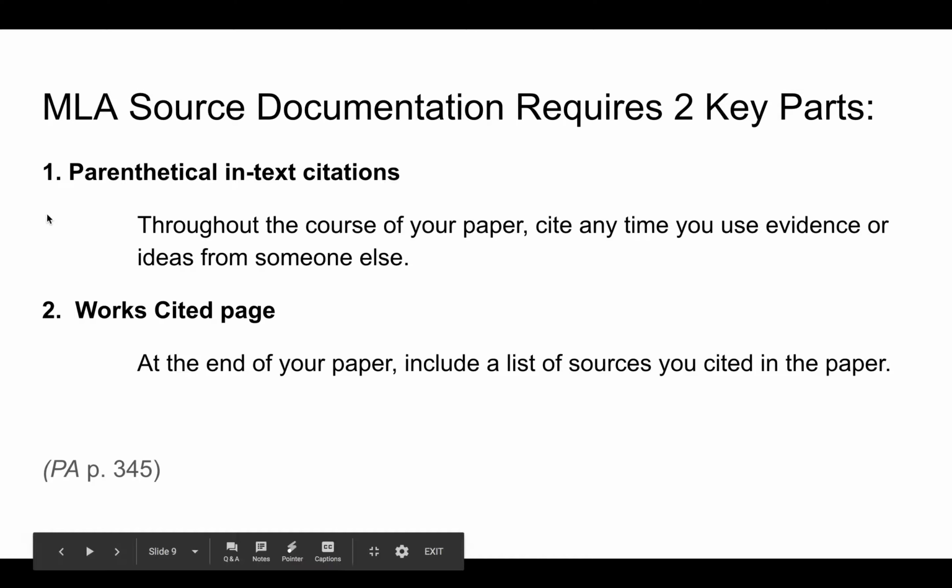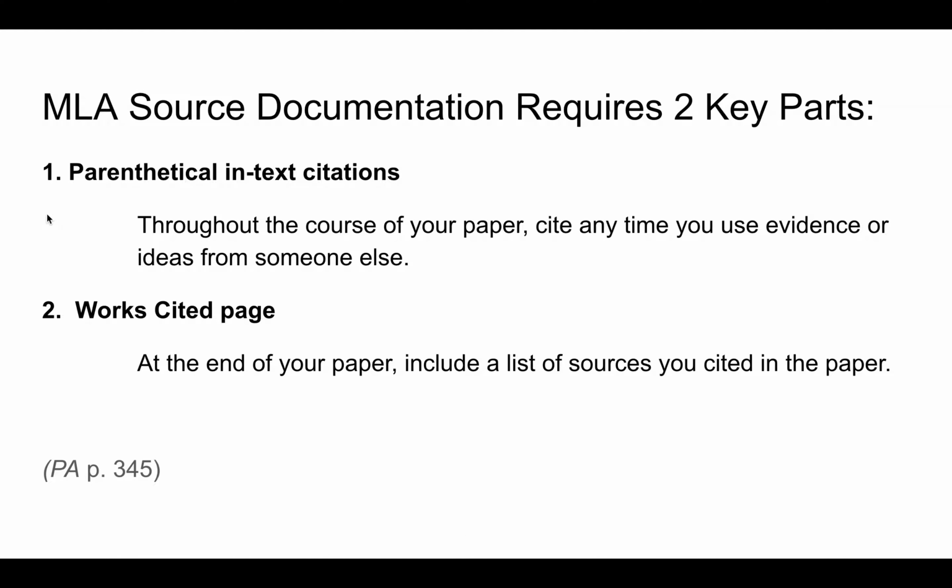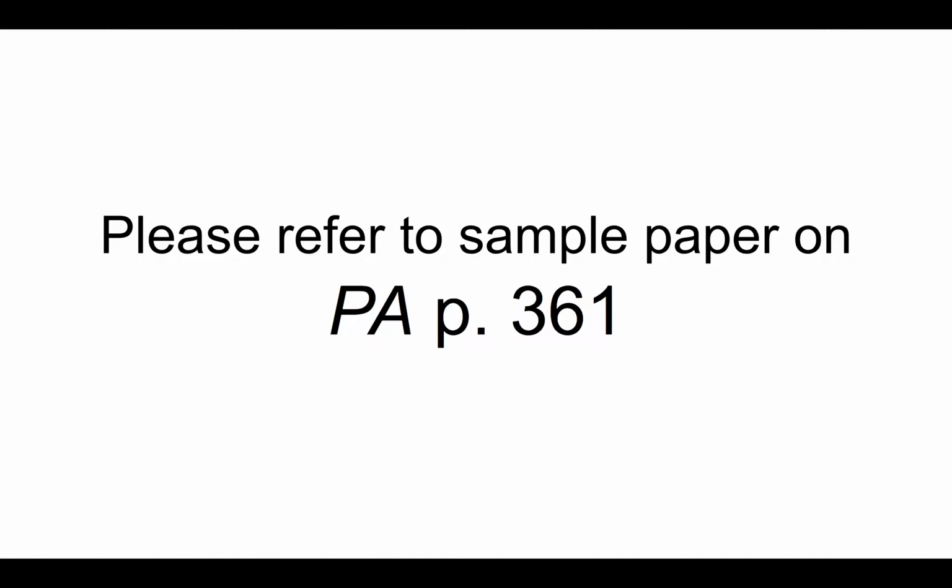Anytime you pull in evidence or ideas from a source, you give a citation in parentheses. And then, of course, as we already took a sneak peek at, the works cited page at the end includes a list of all those sources that you used as you went through your paper. So back to page 361. Back to that sample paper.